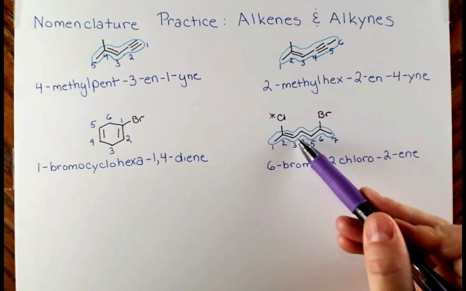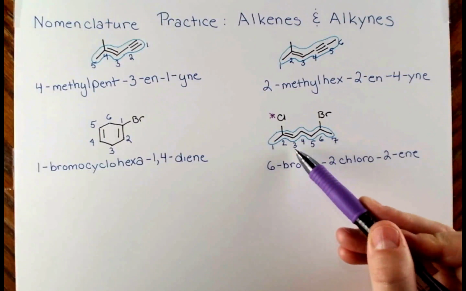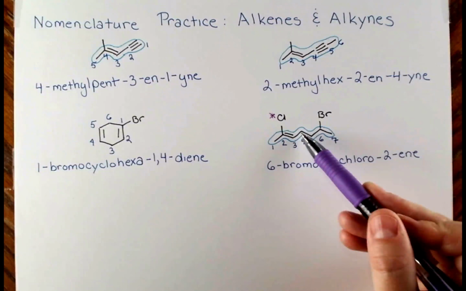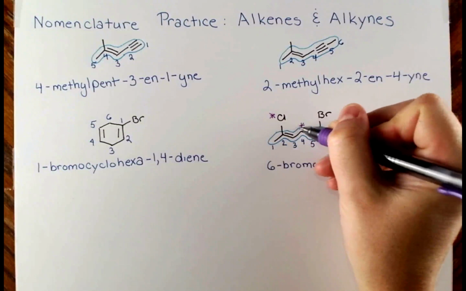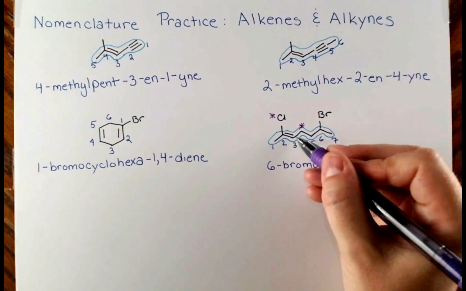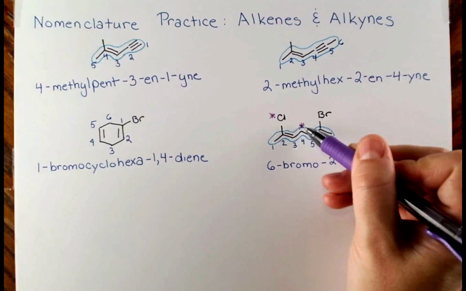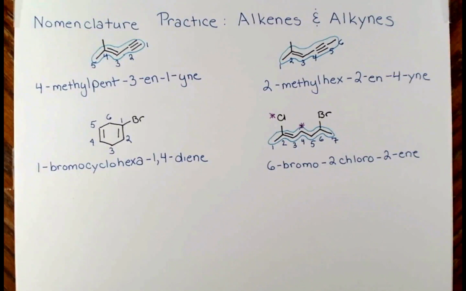Now on this side, on carbon 3, we have a hydrogen atom, the lowest mass compound that we can have, and a carbon. So this side is our higher priority group. These 2 groups are on the same side of the alkene, so this is a Z alkene. That designation goes right out in front and is very important, so don't forget it.